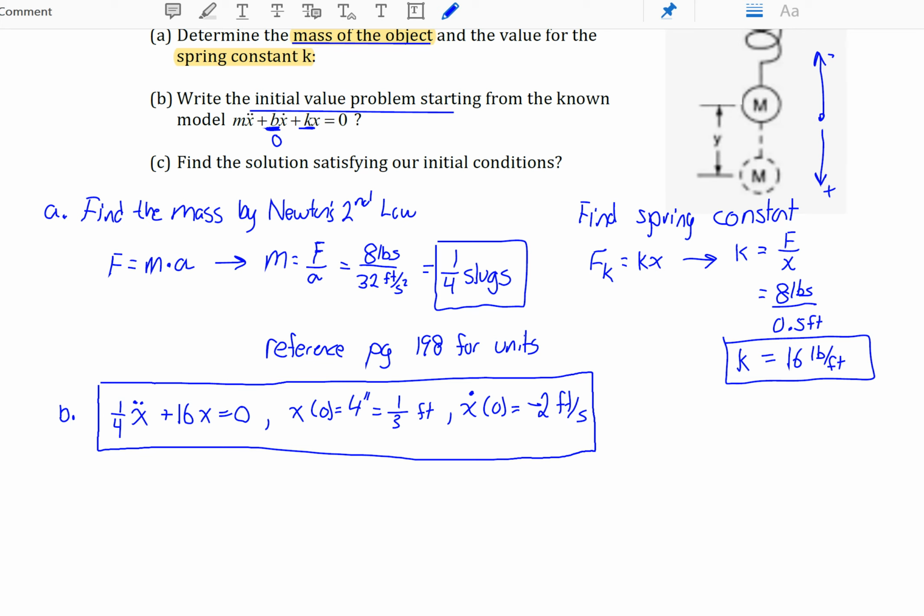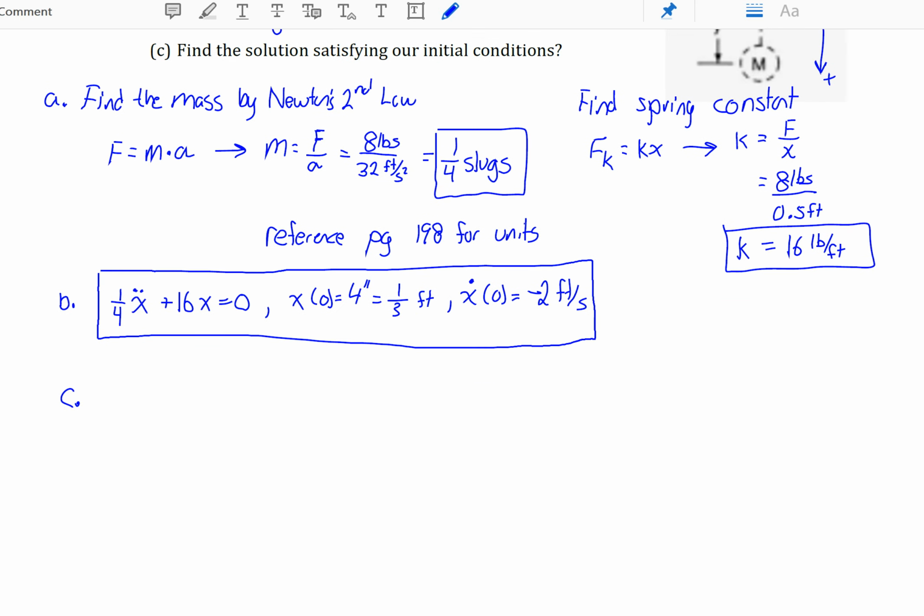Okay, now part C. Let's determine the solution. So to find our solution, we first look for our natural frequency, omega naught, as the square root of K over M, which is going to be your 16 divided by 1/4.